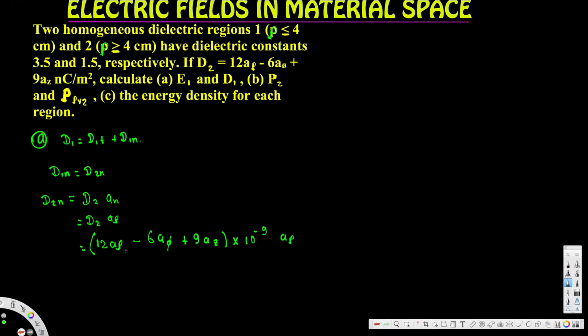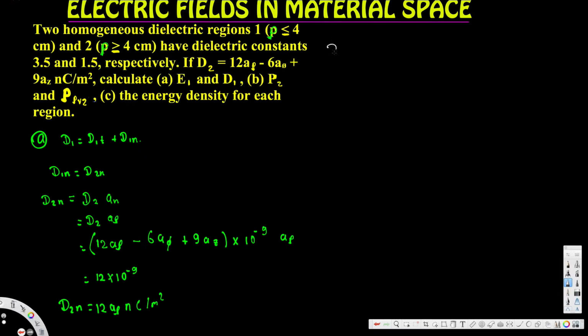But if you look at the rho direction, we only have 12, right? Others are going to be eliminated because we are only looking for the rho direction. So this is going to be 12 times 10 to the power of minus 9, and that's going to be our D2N. D2N is going to be 12 A rho nanocoulombs per meter square. And so we have D2N right now.